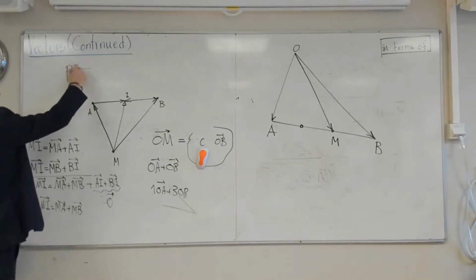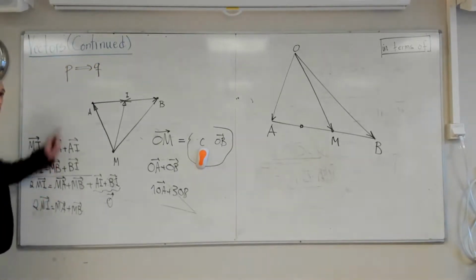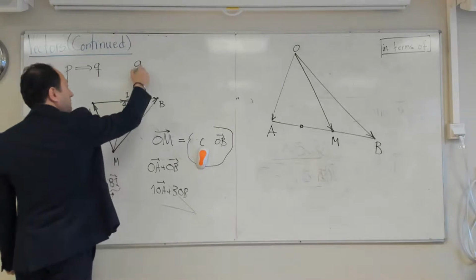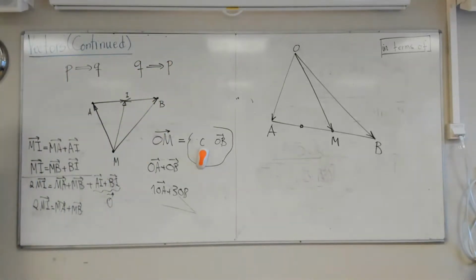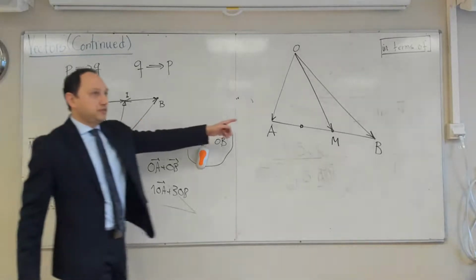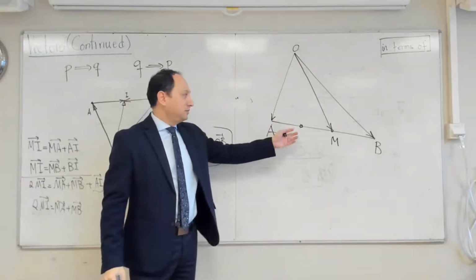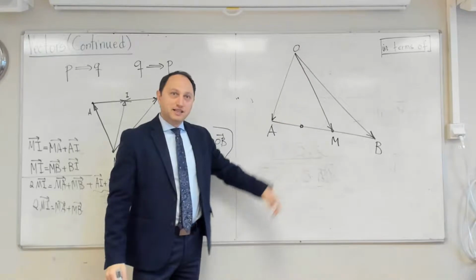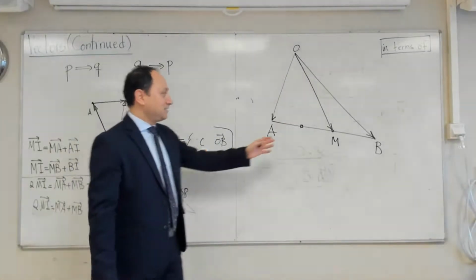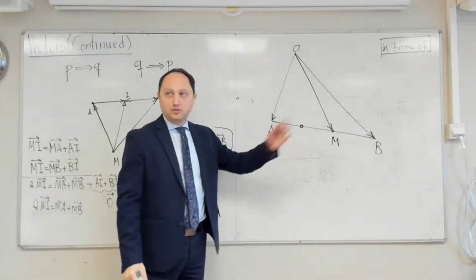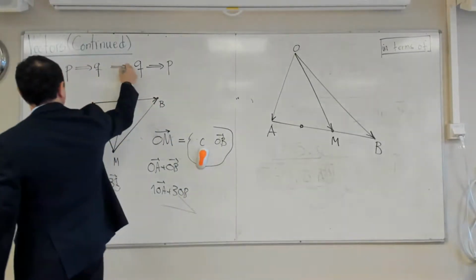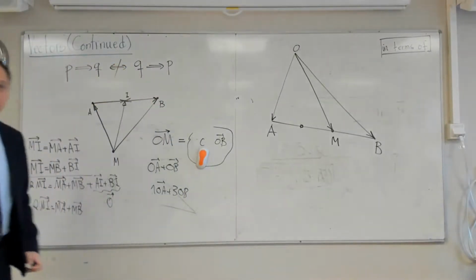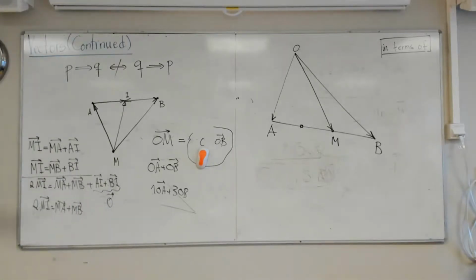P implies Q is not equivalent to Q implies P. And then I just used it in my everyday conversation right now. I say that if you can solve this problem, then I believe that you know a lot. But it doesn't mean that if you don't solve this problem, you don't know anything. So these two are not equivalent.